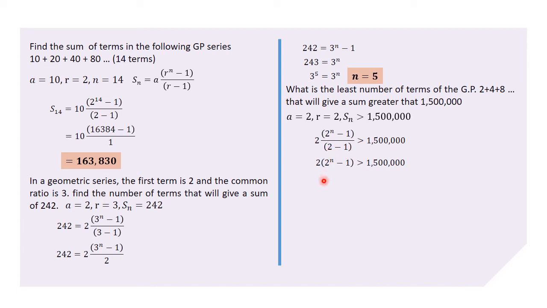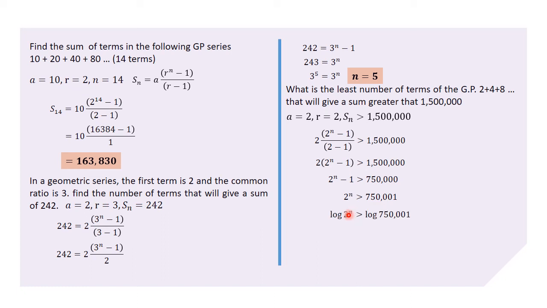Now we have 2 in brackets, 2 raised to the power n minus 1. Dividing both sides by 2, you get 2 raised to the power n minus 1 is greater than 750,000. Taking the 1 to the other side, you get 2 raised to the power n is greater than 750,001. So we need to solve this now using logarithms. Take logs of both sides.